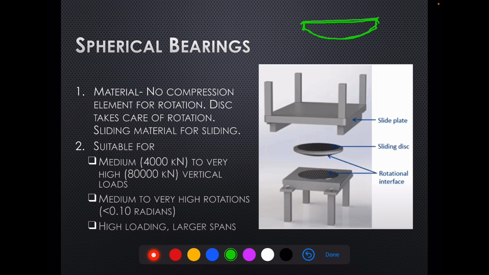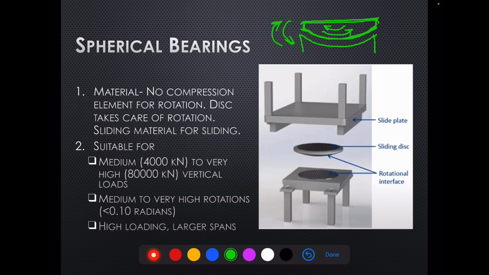And this rests upon an interface which just accommodates this surface and allows it to do movements like this so that rotational requirements can be taken care of. So there is no material which is getting compressed. It is material to material contact, and there is no compression material involved in the whole process.